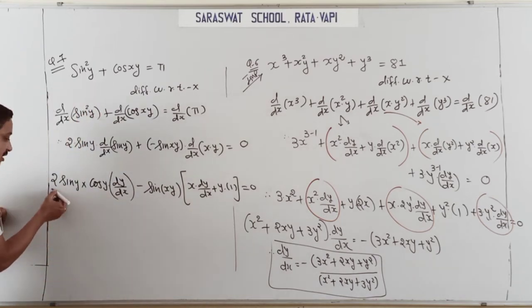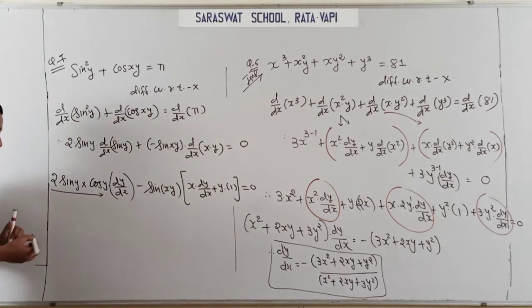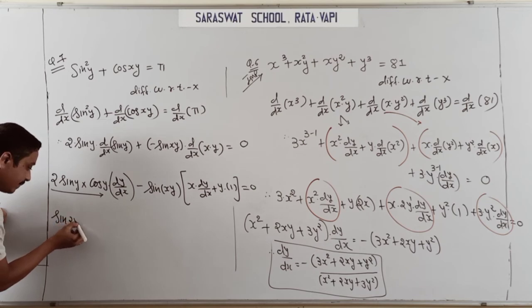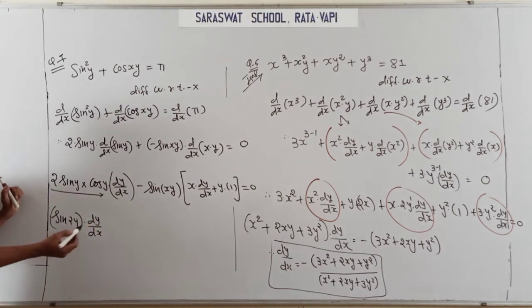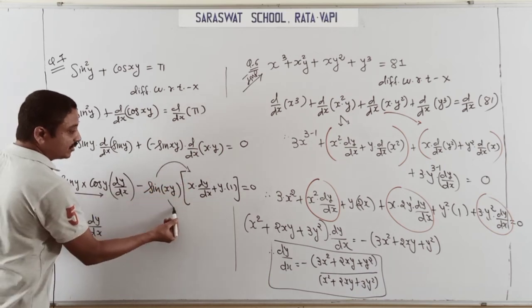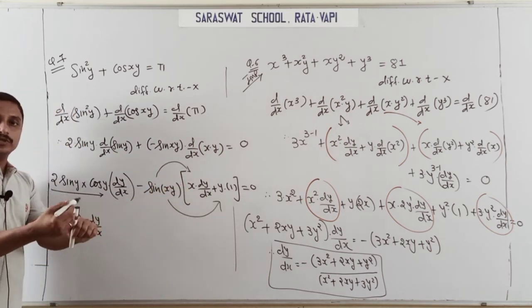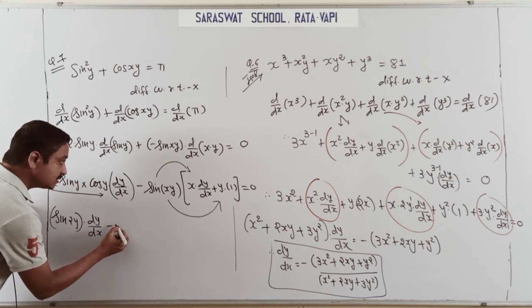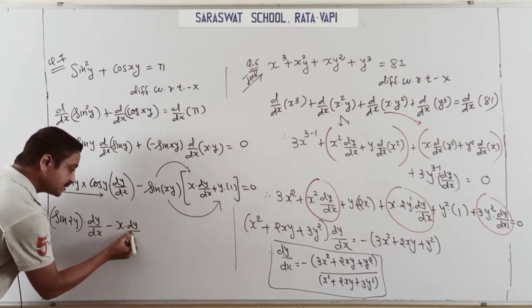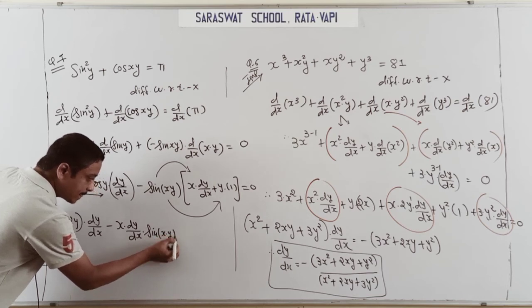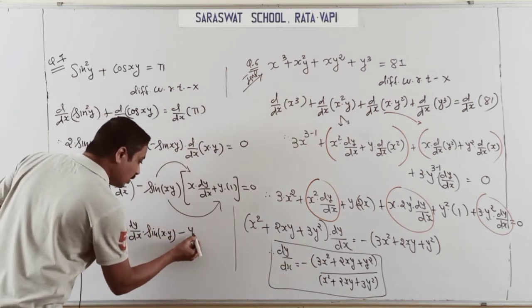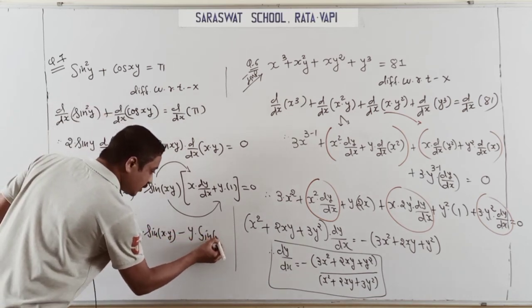So finally, students, this is sin 2y and dy by dx is as this. And students, this sin xy, I just multiply first and second, both individually. So minus x dy by dx with sin xy minus y into sin xy.